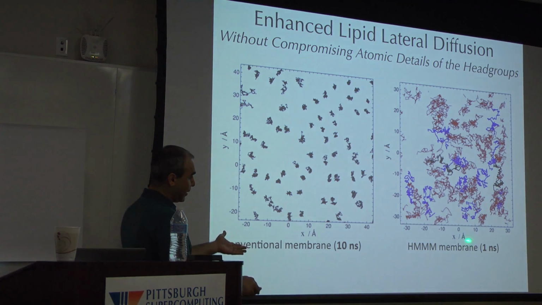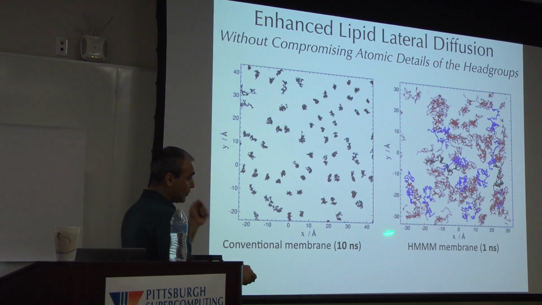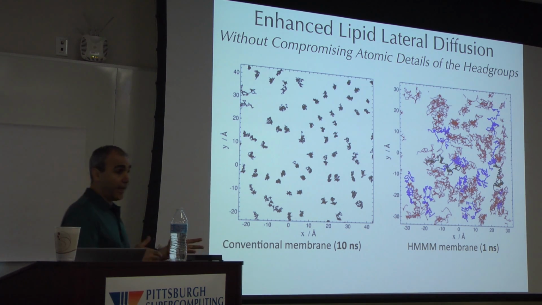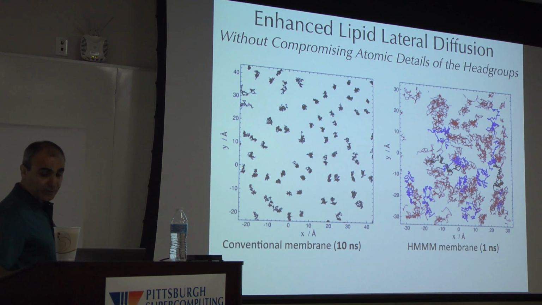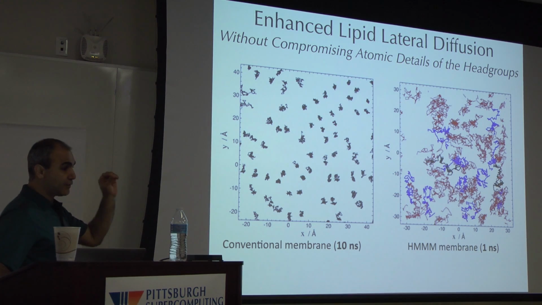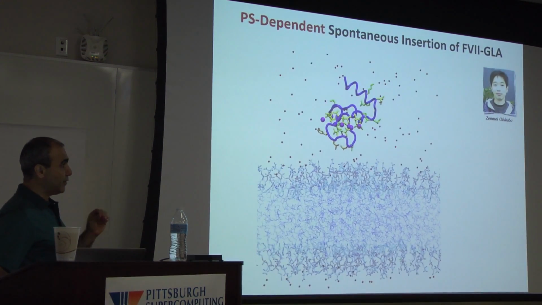Whereas if you go to the HMMM membrane, in 1 nanosecond, 10 times shorter simulation, you start seeing even mixing of lipids. So lipid diffusion has been artificially enhanced without losing atomistic representation. It's not coarse grain. Coarse grain is also great, but here we were really interested in specific interactions of negative charges with these coagulation proteins, for example.